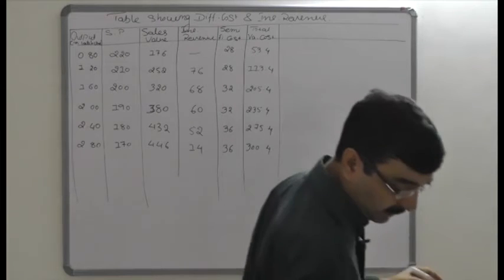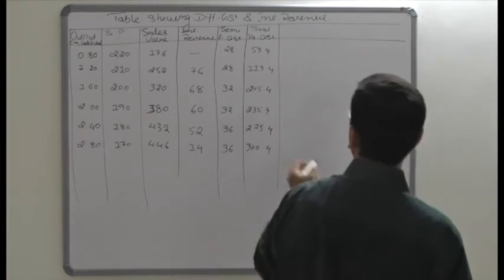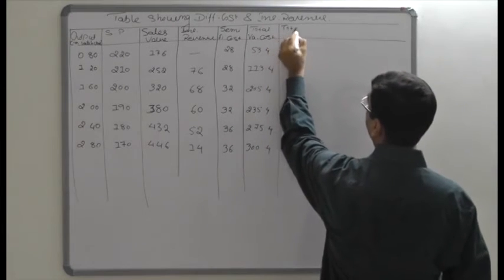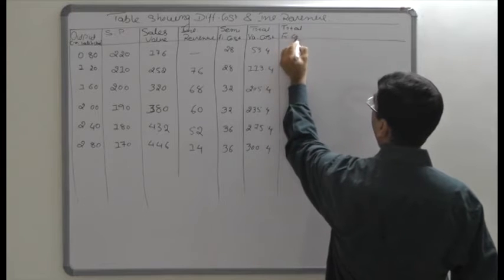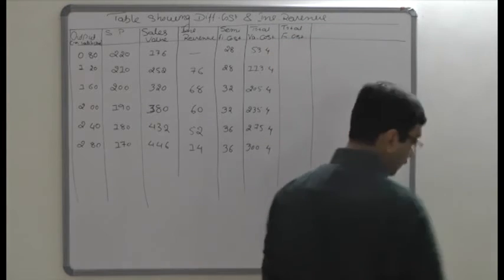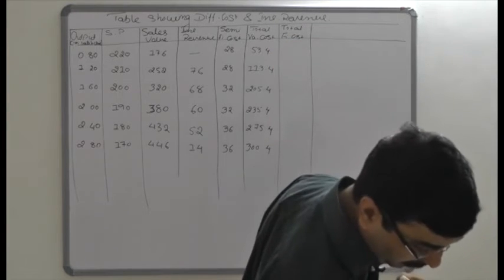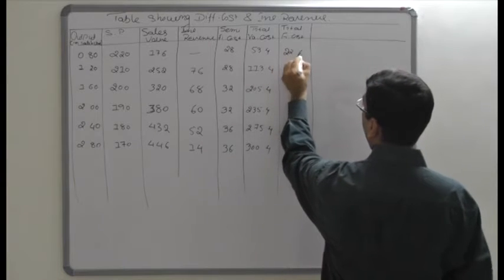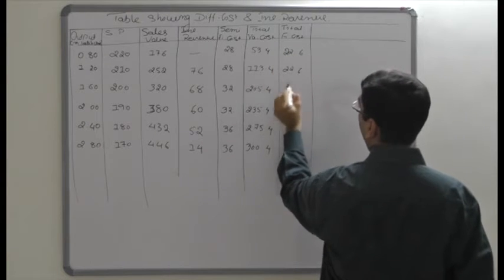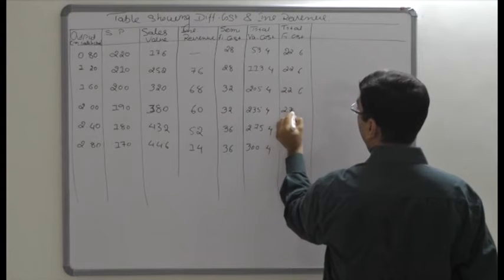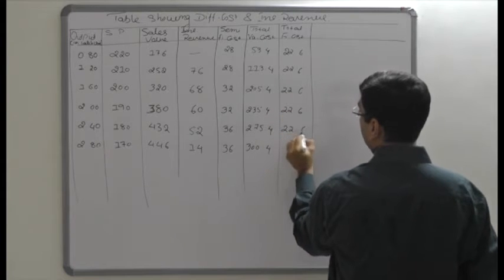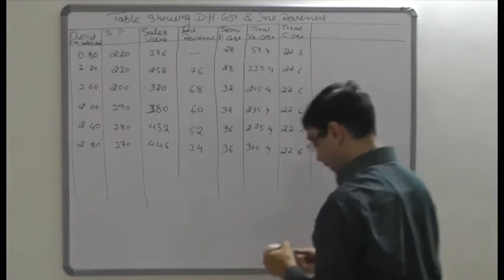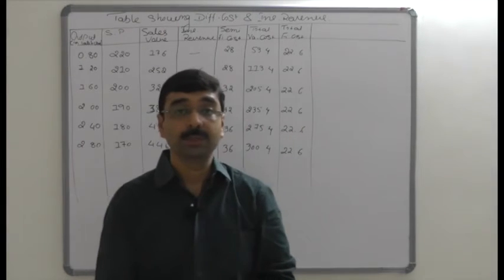And after that, the last is total fixed cost. Total fixed cost is given, and I think the total fixed cost remains the same for all the outputs, that is 22.6, for all the remaining outputs. So this is the information we have in the question.